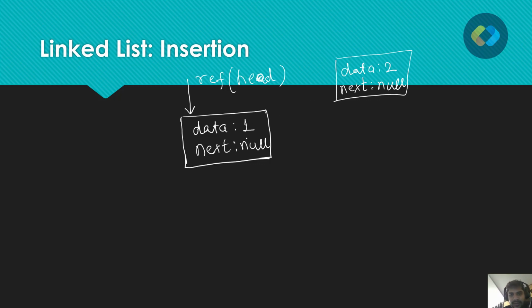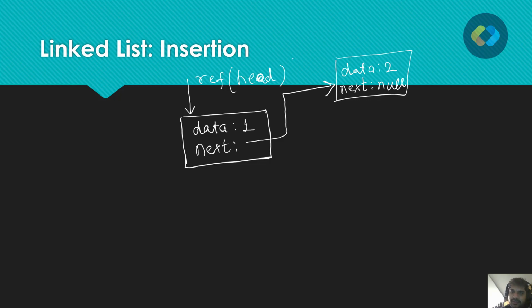So what we have to do is change this pointer or reference, and point this reference to this node, right?